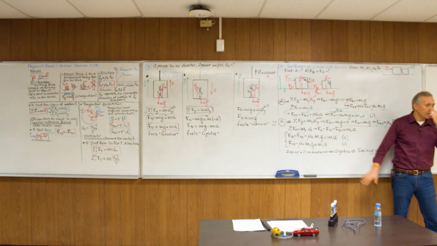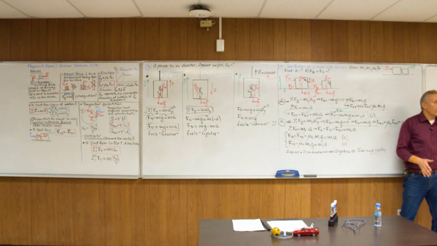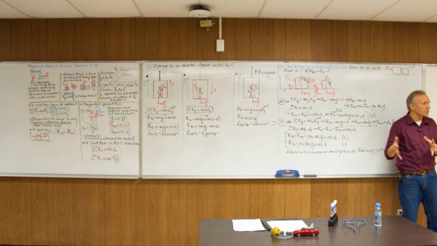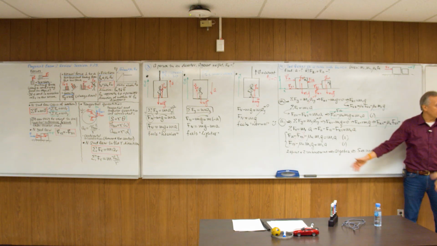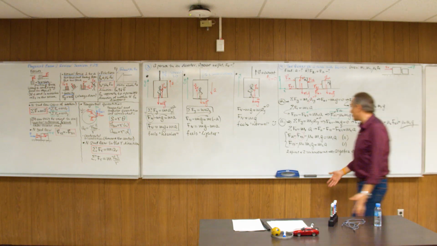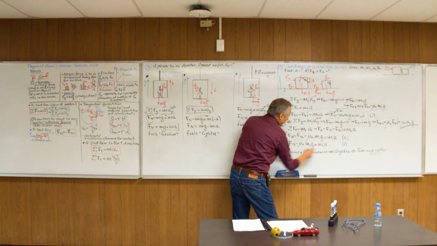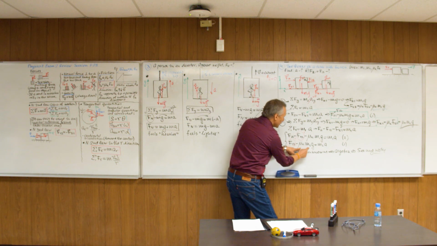From the mathematical point of view, if you have two unknowns, you must have at least two equations to solve the system. The number of equations and number of unknowns must be equal, and that's what we have. So from this point you need to solve the first equation for F12. Just move this term to that side.